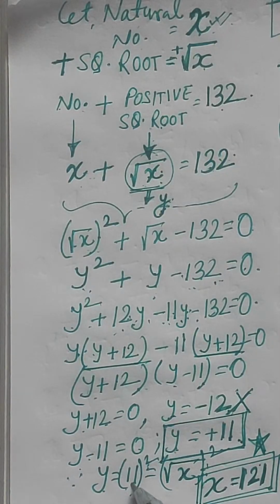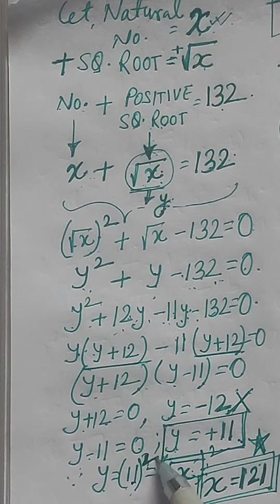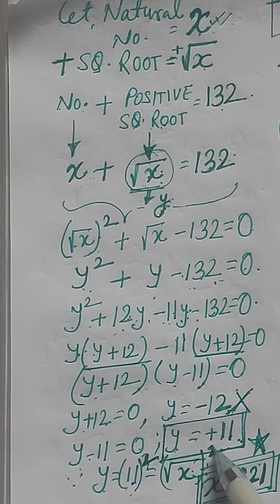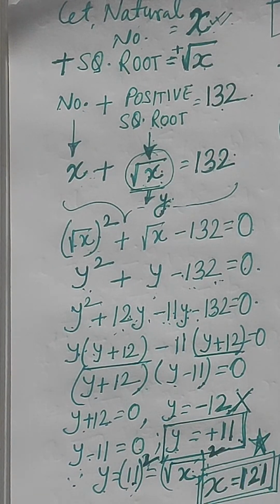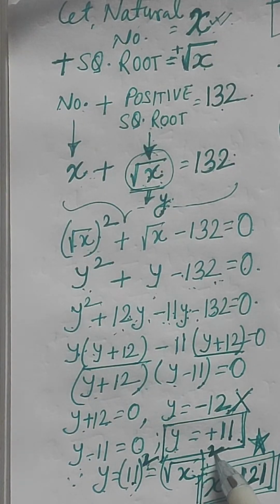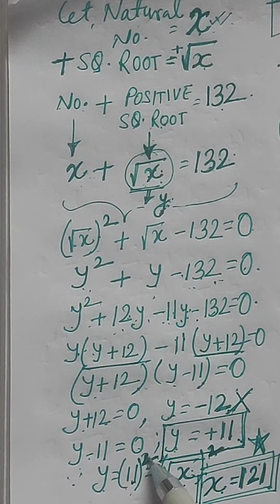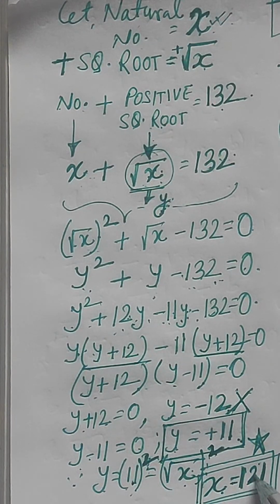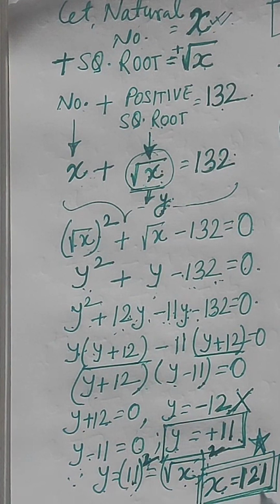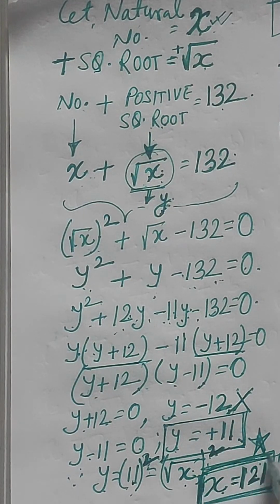To eliminate the square root, we square both the LHS and RHS. Root x changes into x, and 11 square is 121. So we have calculated the natural number.